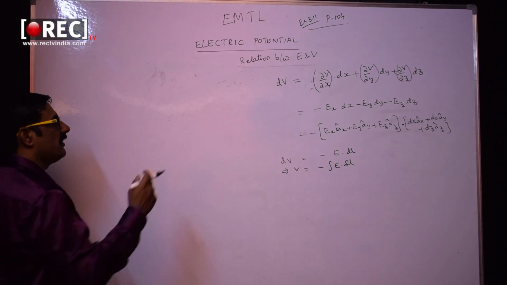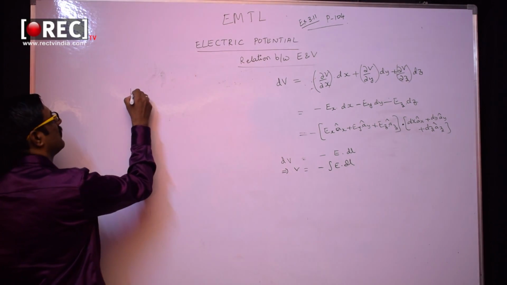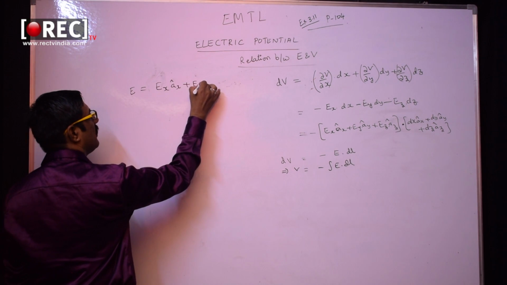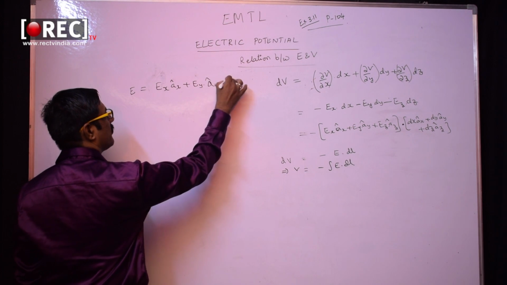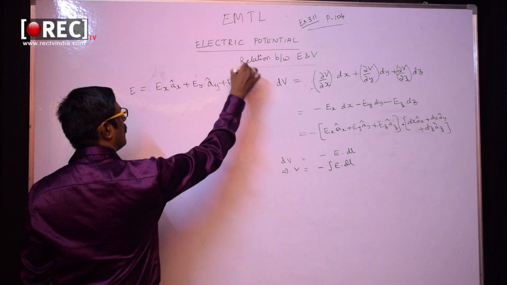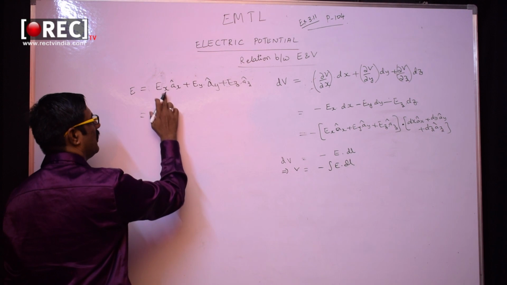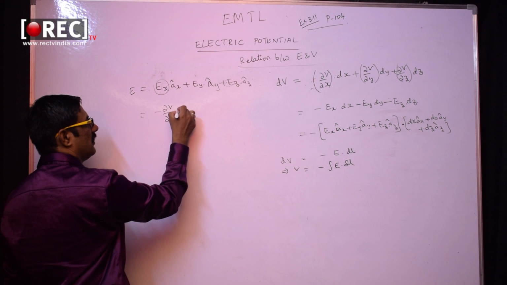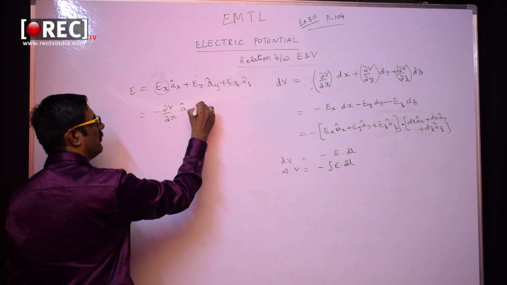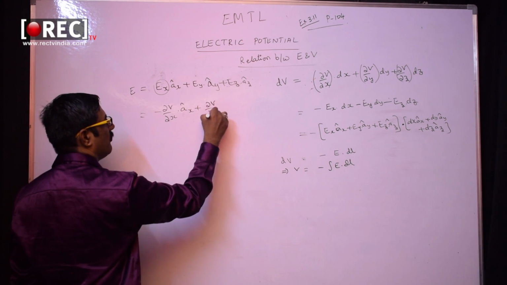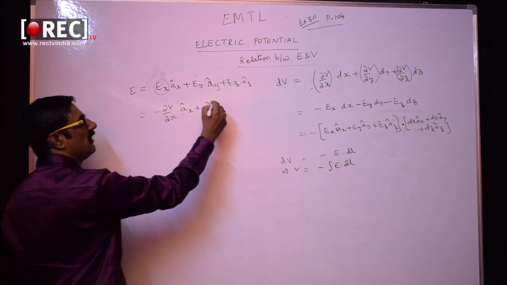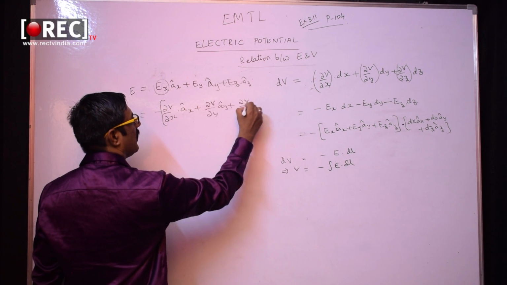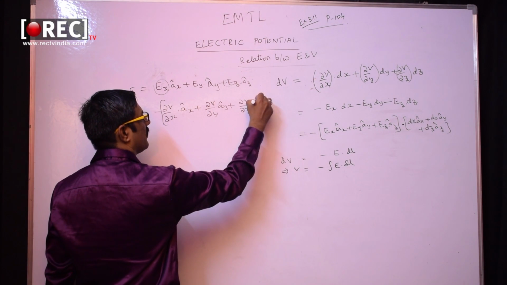So we can write E as Ex into ax cap plus Ey into ay cap plus Ez into az cap. Now, of course, Ex I can replace with minus ∂V/∂x into ax cap, plus ∂V/∂y, which stands for Ey, into ay cap, plus ∂V/∂z into az cap.